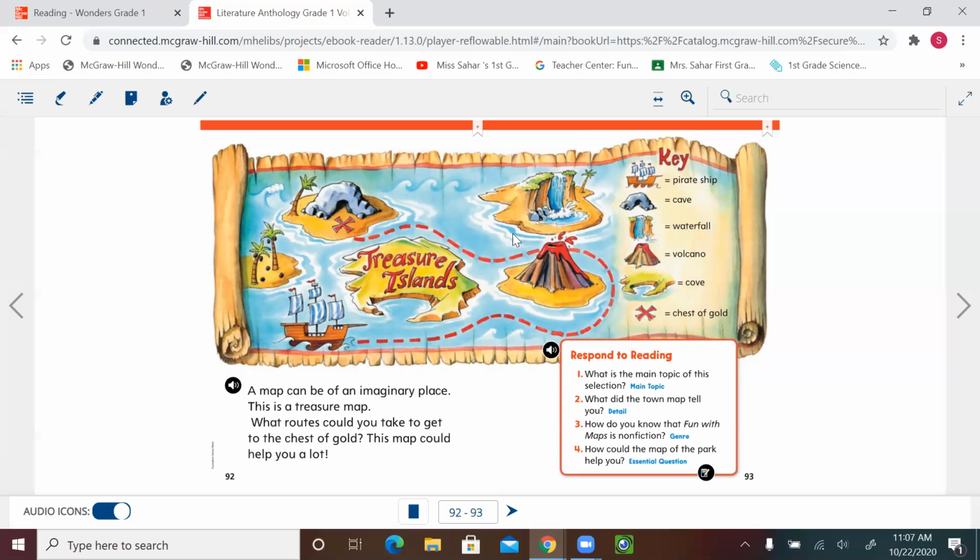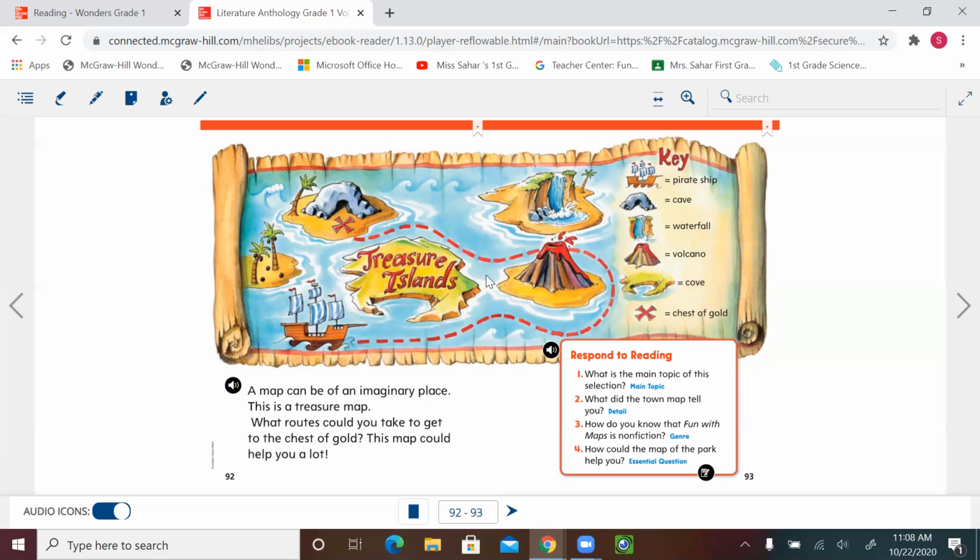So this is a waterfall, and this is a volcano, and this is a cove over here. All right, and this mark over here, for example, chest of gold. So this is like, as I said, treasure island or treasure hunt or fantasy map. So you can call it whatever you like.